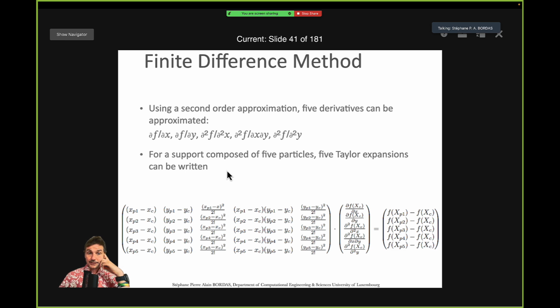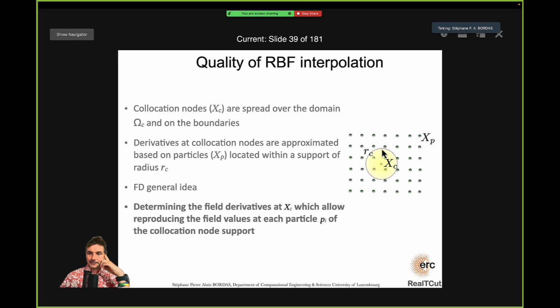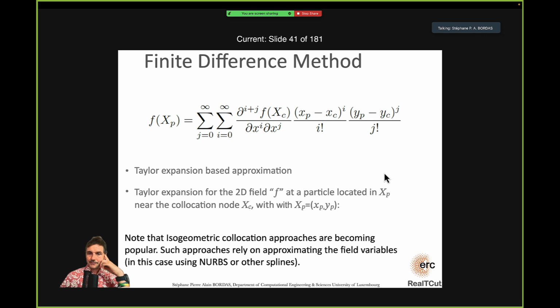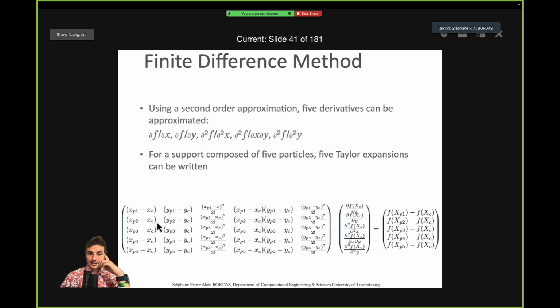Now what we can do is, for a support composed of 5 particles, so remember what the particles are, they are here, so let's say 1, 2, 3, 4, 5, we have 5 particles in the support, we can write 5 equations. xc, c is the center, it's the collocation point that you're interested in, so you just write the Taylor series expansion for each and every derivative that you're interested in.